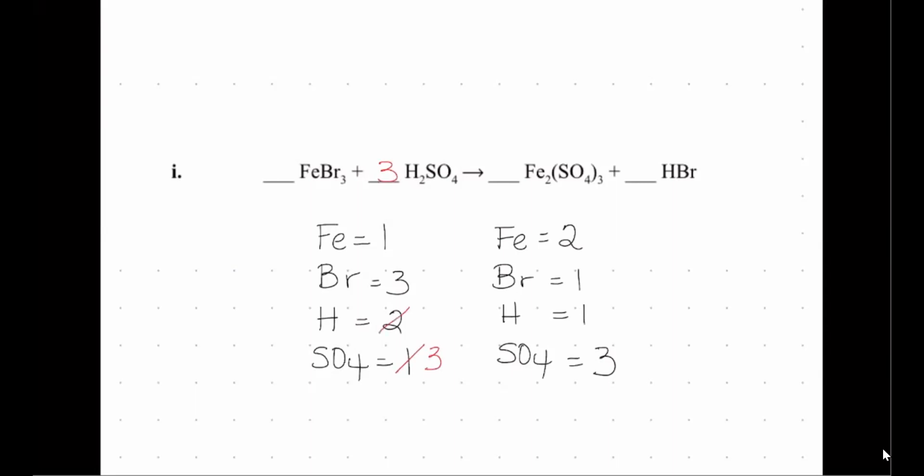Now my hydrogens go to 6. Put a 1 in the chat if so far it is making sense. Now, when I go to the products, now I have to make sure that my hydrogens, I'll wait.